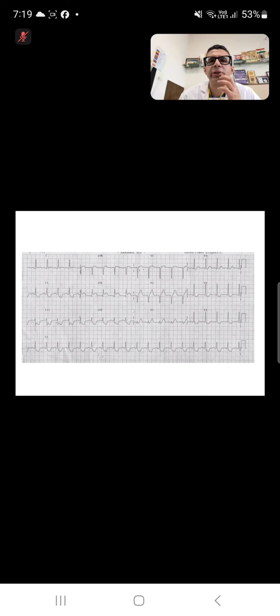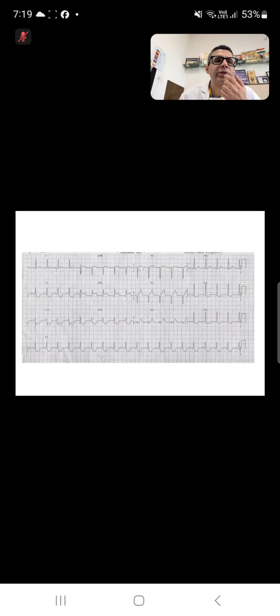Maybe pre-excitation something. No, don't jump to pre-excitation. Okay. What is the rhythm? Do you have P wave followed by QRS complex? No, sir. I am unable to identify P wave in any of the leads clearly. No, why? These are all P waves. See, lead one is there.